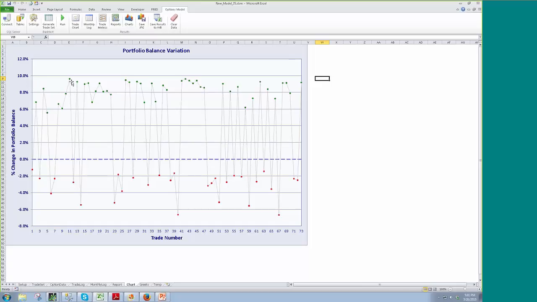The reason it's a little different is because of using end-of-day prices. Everything above the blue dotted line is a winner, and everything below, a red dot, is a loser. But the important thing is to see how much your portfolio balance is increasing, as a percentage, for every winning trade versus every losing trade. And this is what you want to see.